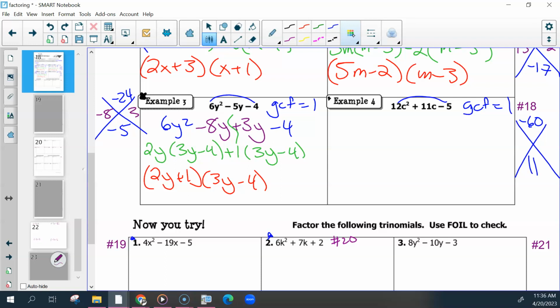What two numbers work? Matthew? Which one will be negative? 4. Yes.